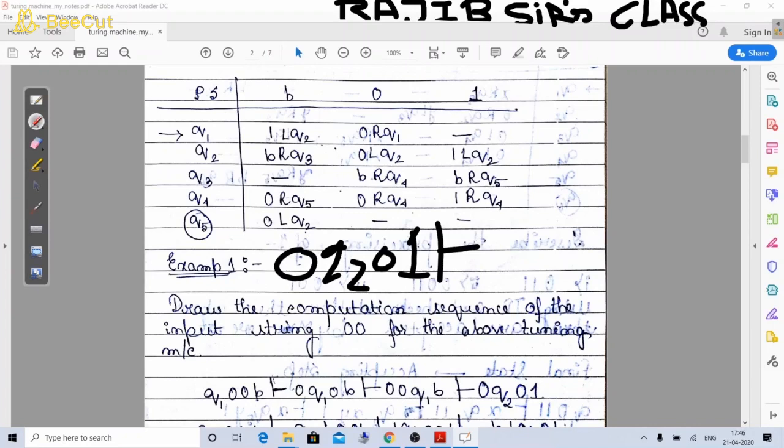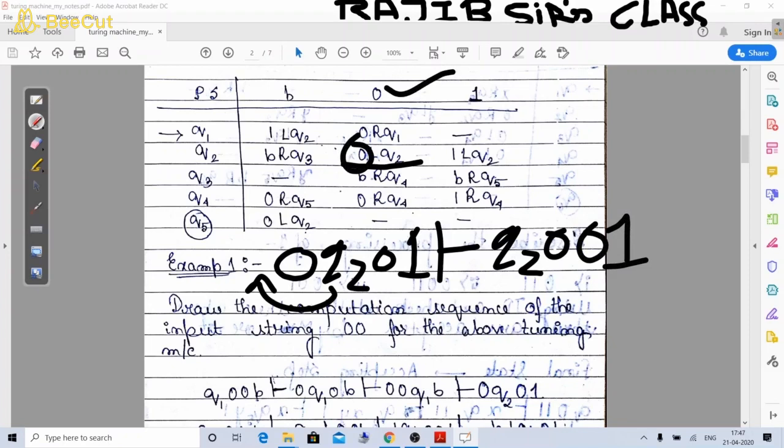What I am telling you is that the movement of the read write head is towards the left, so definitely it should come at this position. It remains q2, so it is q2. And this 0 remains 0 here, so it is also a 0, and this 1 is also present, so it is q2 0 0 1. Remember it, it is q2 0 0 1.